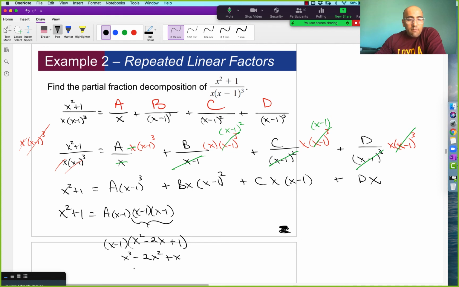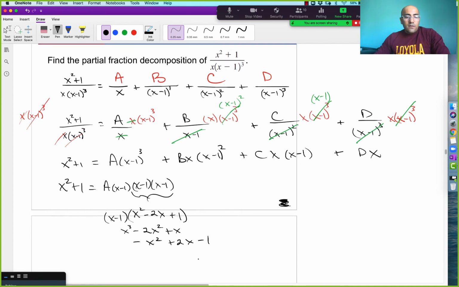And then the minus x squared plus 2x minus 1. So all of that turns into x cubed minus 3x squared plus 3x minus 1. So all of that is just FOILing out this x minus 1 to the power of 3.